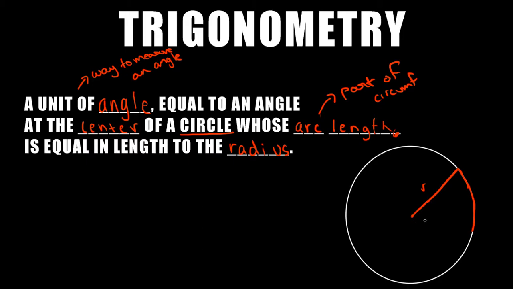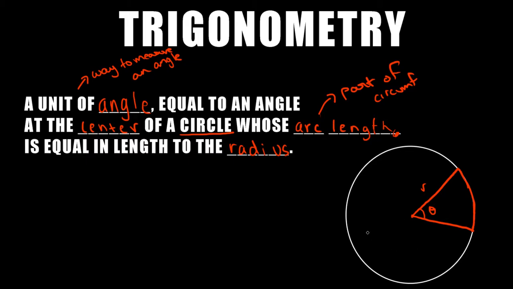If you notice though, if you join the dots here and connect it like this, you get an angle right here, right? So if you have an arc and then you cover it with two radii, you get an angle right there.